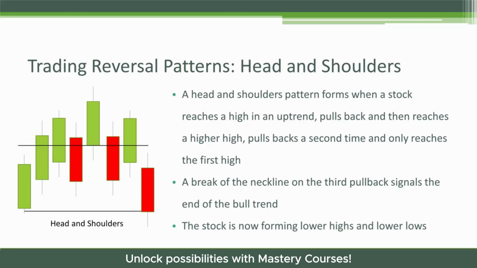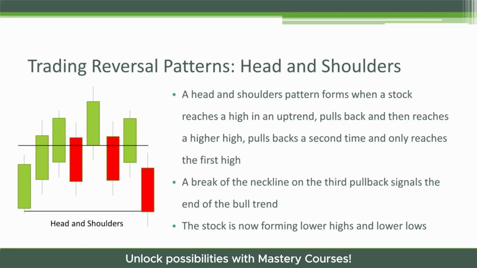This tells us that the bull trend has come to an end, and the stock will either move into a consolidation pattern or may move into a bearish pattern. The result is that the pattern looks like a head and shoulders, with the shoulders being the two lower highs and the head representing the highest high that the stock makes in the pattern.